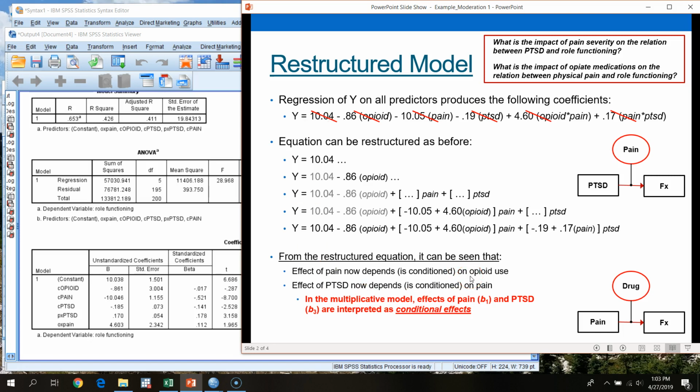Okay, so again, we went through this in class, but I wanted to walk through it again, because now, just with our base model, we can figure out what our simple slopes are for both the conditional effect of PTSD and the conditional effect of pain.